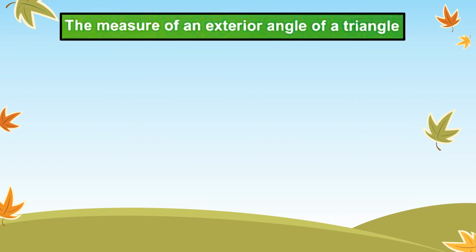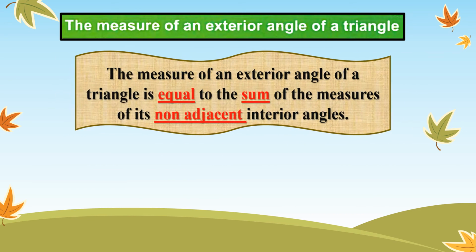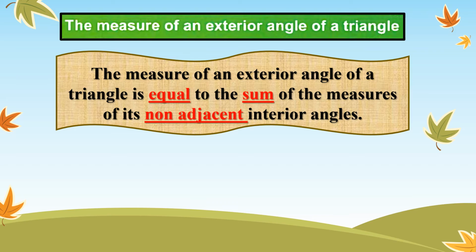The measure of an exterior angle of a triangle is equal to the sum of the measures of its non-adjacent interior angles. Okay?